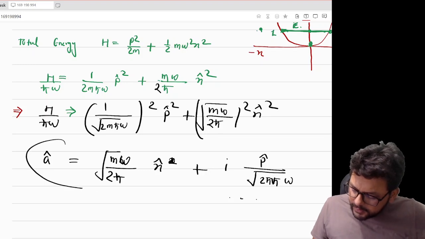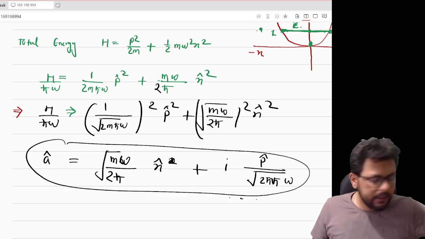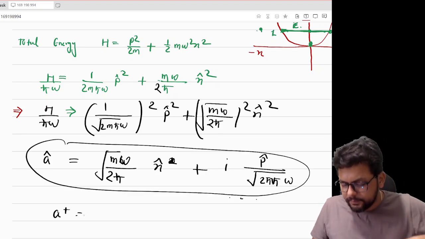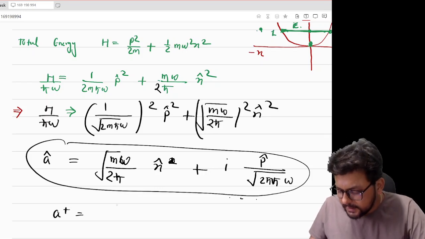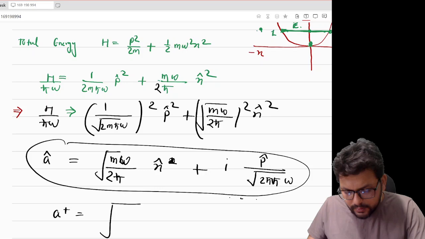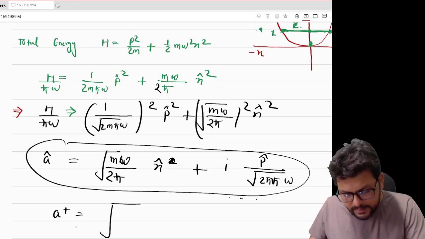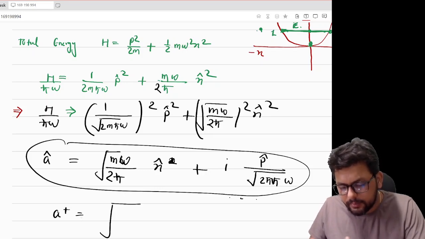So we have to operate a, and then we have to operate a dagger. So what is a dagger? See, a dagger is the complex conjugate of this lowering operator a. This is a dagger, which is called the raising operator.